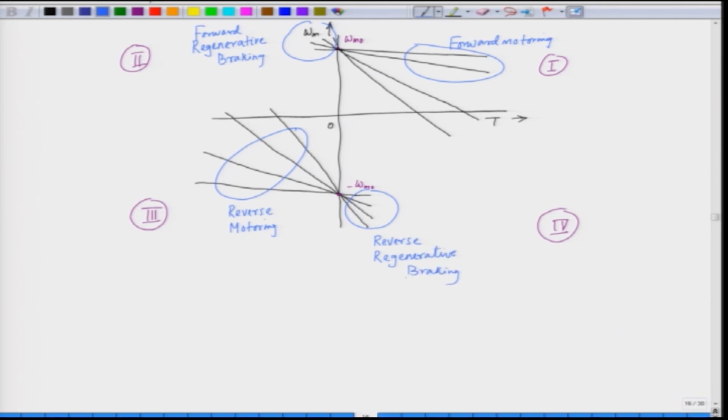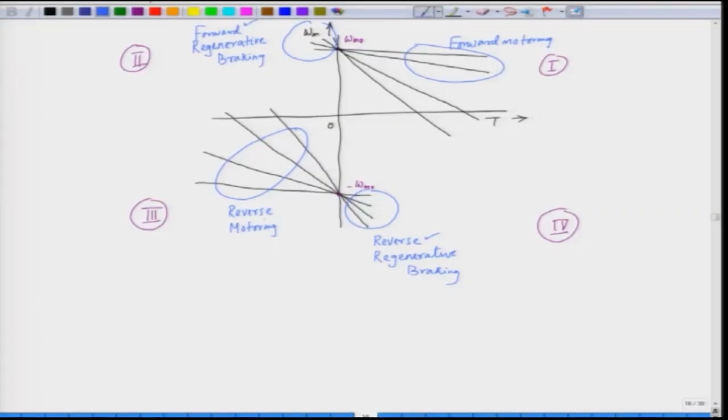So, as we have got the forward regenerative braking, similarly we have reverse regenerative braking. It means in the negative direction we call this reverse; when the speed is in the forward direction we call it forward braking or forward motoring, and when the speed is in reverse we call it reverse motoring or reverse braking.